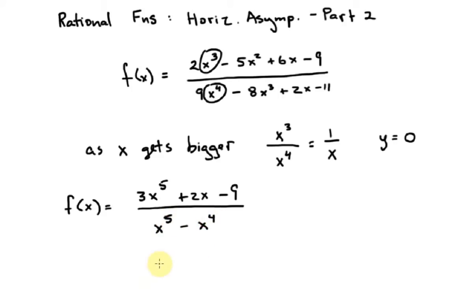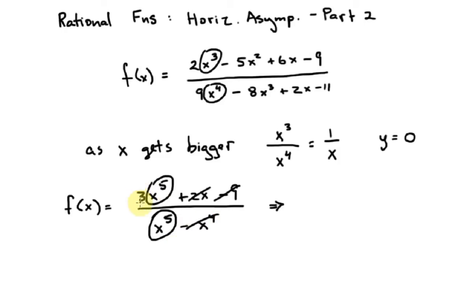Okay, so this time I look at, well, what's dominating here is x to the 5th. Okay, so I look at this term, I go, yeah, x to the 5th. But wait, there's x to the 5th on the bottom as well. Okay, so in that case, the way we analyze it is we can't ignore the 3. We can ignore the 2x and the minus 9, and we can even ignore x to the 4.